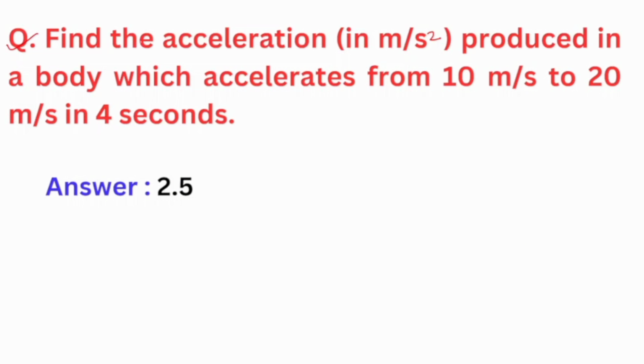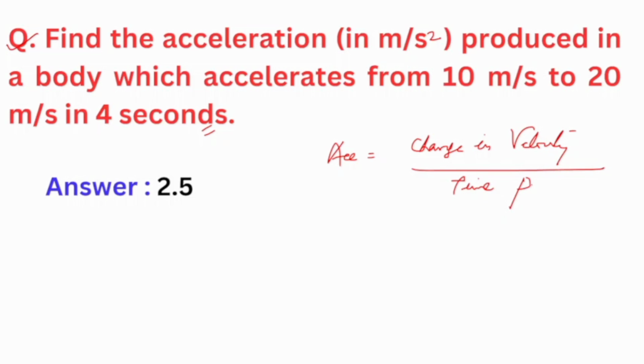Next is, find the acceleration produced in a body which accelerates from 10 meter per second to 20 meter per second in 4 seconds. Let's solve this. We know that acceleration is equal to change in velocity divided by time period.